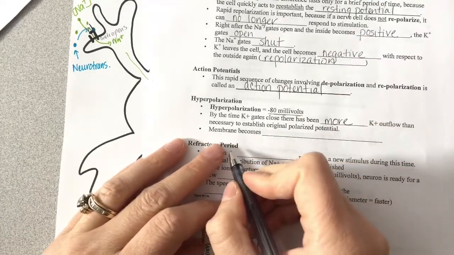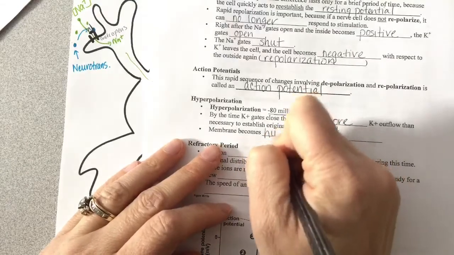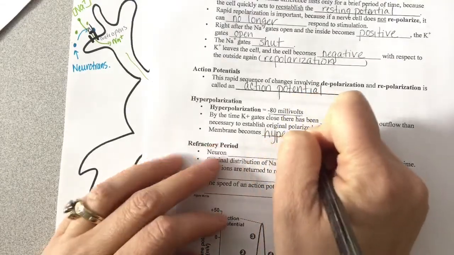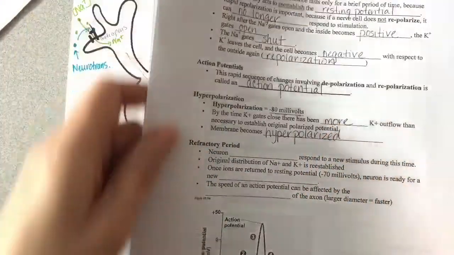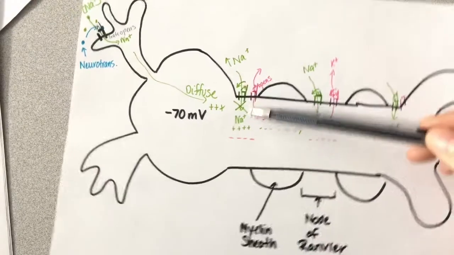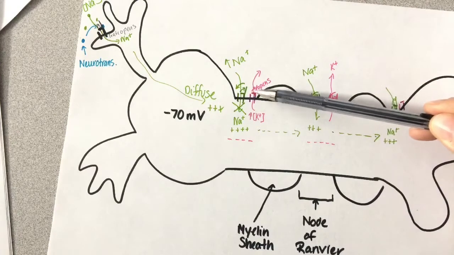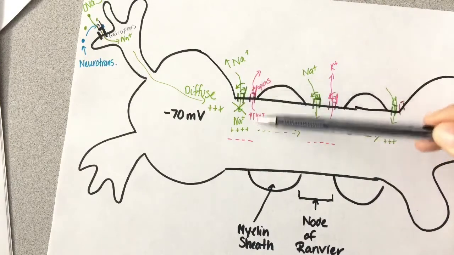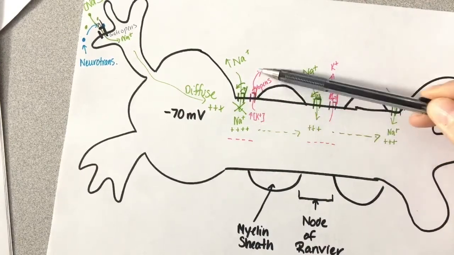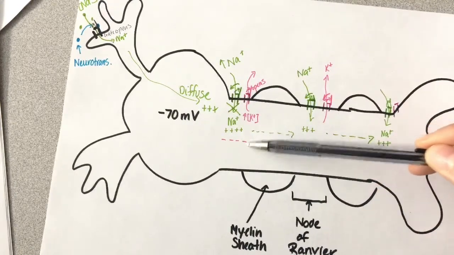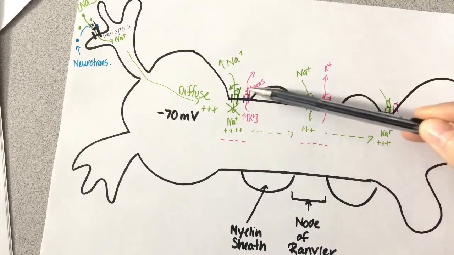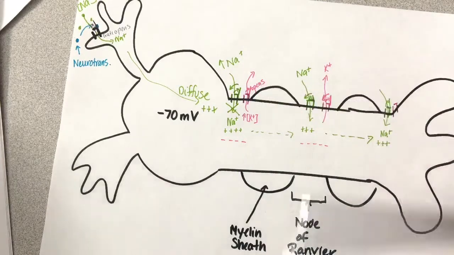And what happens is the membrane becomes what we call hyperpolarized. So when we look at this, when the potassium gate opens here and the sodium gate shuts, a little bit too much potassium leaves. And so instead of just dropping to -70, it goes to -80 before that potassium gate shuts.